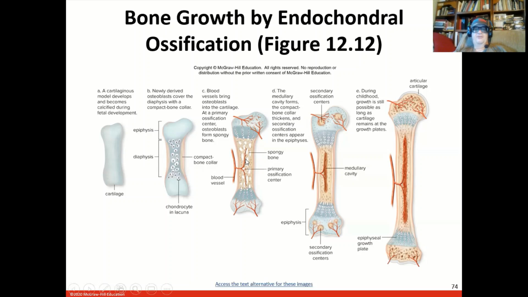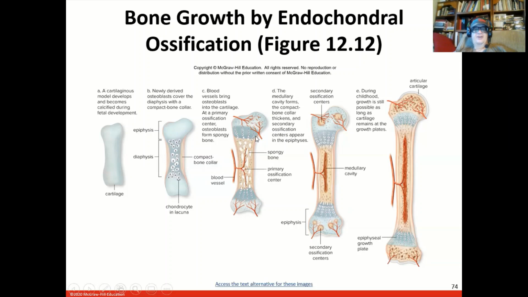Blood vessels penetrate, and they can bring all the minerals that you need, and they can bring the bone-building cells, the osteoblasts. This starts at a primary ossification center, and they are replacing the cartilage with bone tissue. The osteoblasts are building bone.